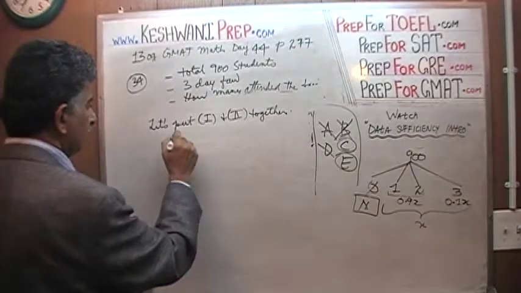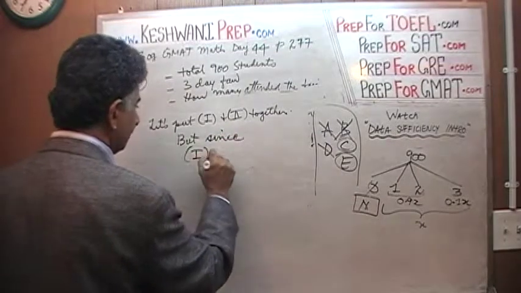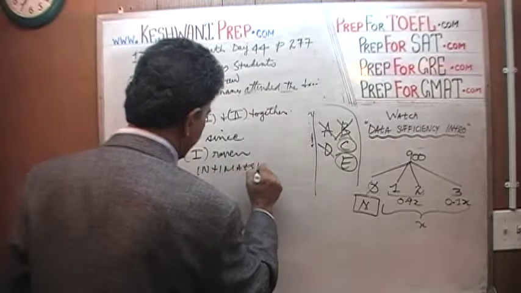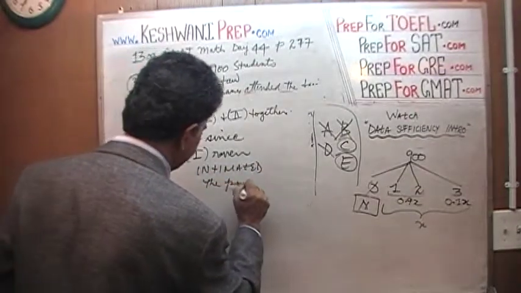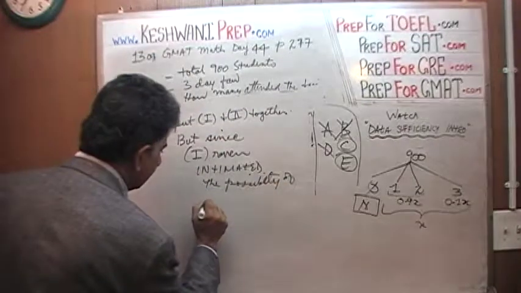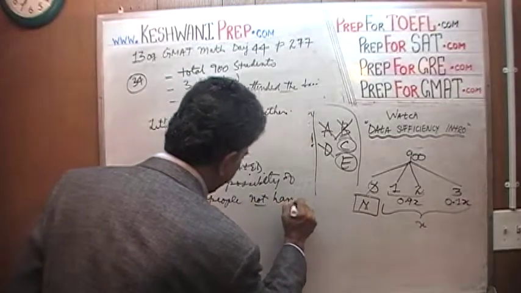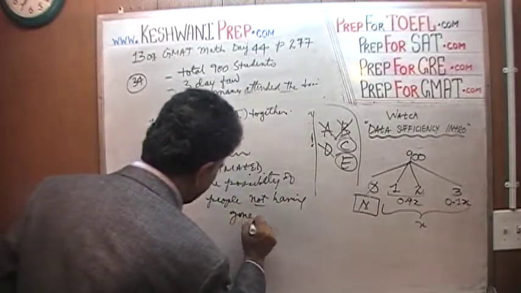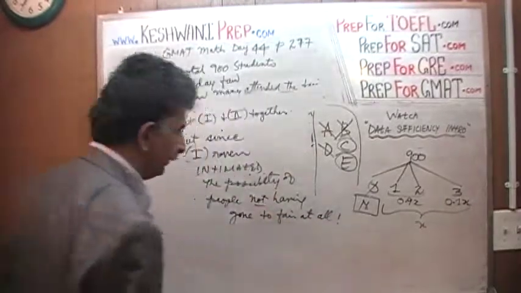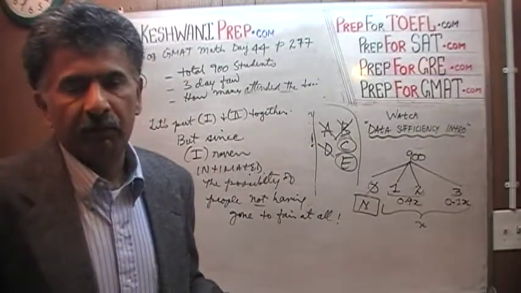Since statement 1 never intimated the possibility of people not having gone to the fair at all, putting statement 1 together with statement 2 is not going to do any good, because statement 1 never made any mention of it.